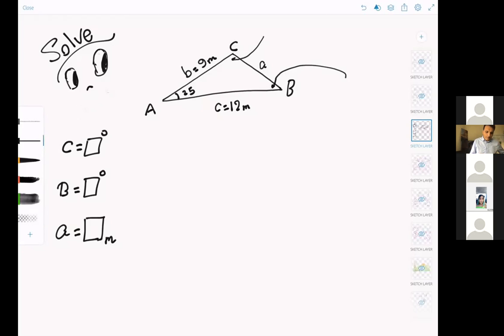A squared plus 9 squared equals 12 squared. It's not a right triangle. Oh, I didn't even see that. My drawing was going crazy. This is not a right triangle. Good, Jonathan. So we don't want to make that mistake. Okay, that's a bad mistake.